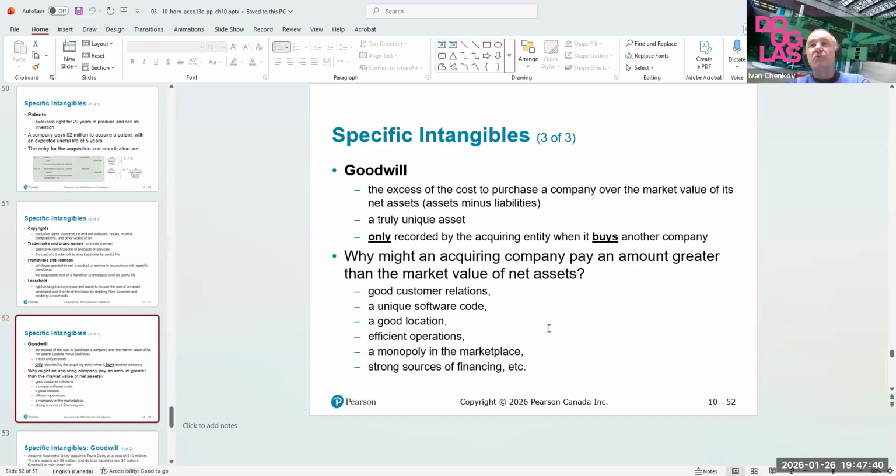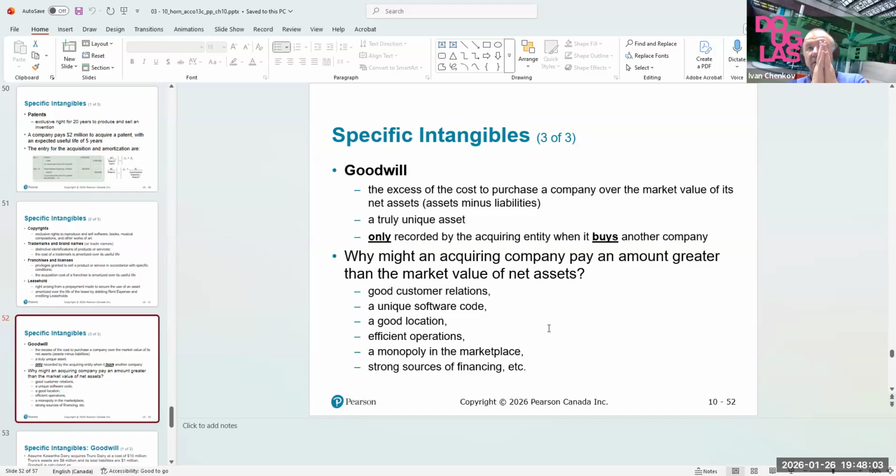So what I'm doing, I'm paying a $20,000 premium. The net assets of the company are $50,000. I'm paying $70,000. The amount that I'm paying over the net assets of the company is called goodwill.